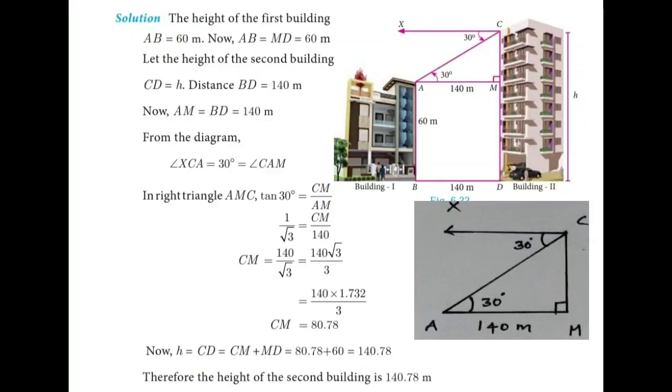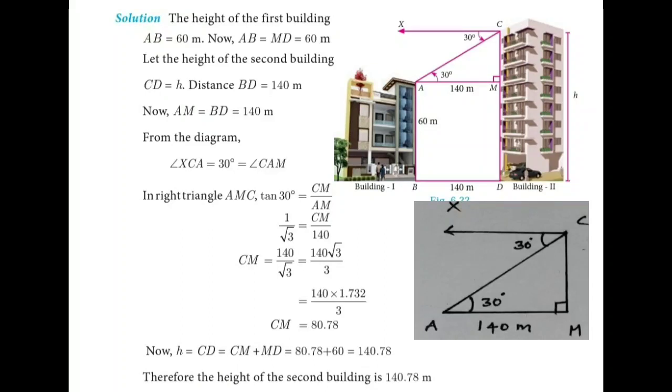In a right angled triangle AMC, we should take tan 30 degree. Then tan 30 degree is equal to opposite side divided by adjacent side. Then tan 30 is equal to CM divided by AM. Then 1 by root 3 is equal to CM divided by 140, since tan 30 is equal to 1 by root 3 and AM is equal to 140.